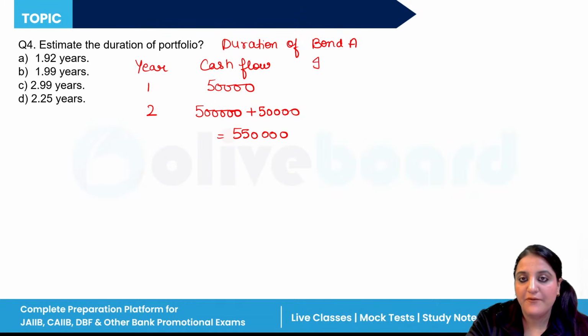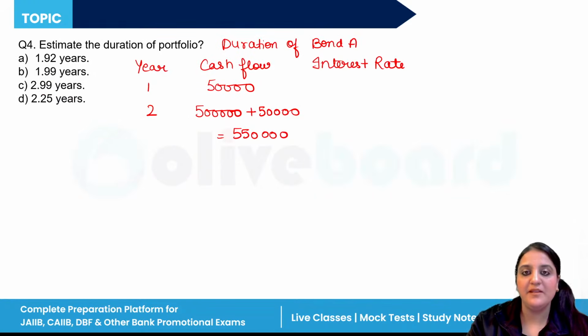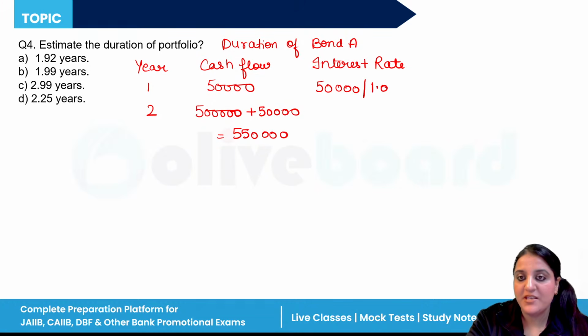Now again we have to find interest rate, and interest rate is, we have here check, 8% is the yield. So that means 50,000 divided by 1.08, which is equals to 1 plus 0.08. So that is 8%. This, so power 1, then 5,50,000 divided by 1.08 power 2.